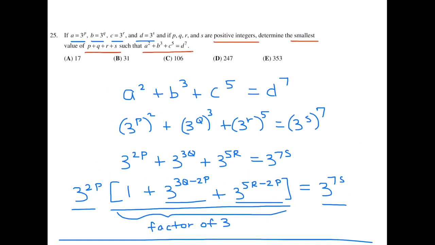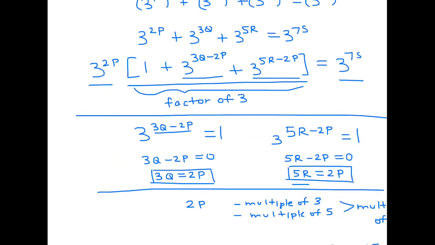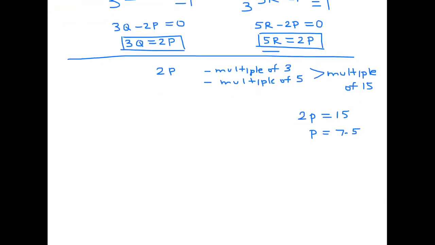Remember, going back, p, q, r, s are all positive integers. So 2p is not equal to 15. 2p must therefore be a multiple of 30. That's the only way we can make it an integer. So if 2p, for example, was 30, p would equal 15.